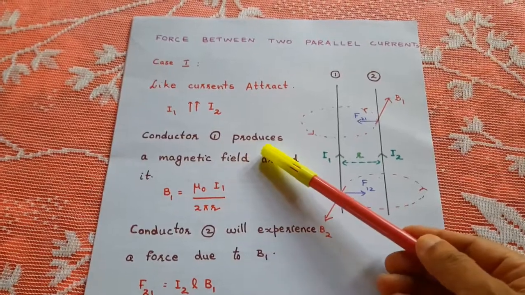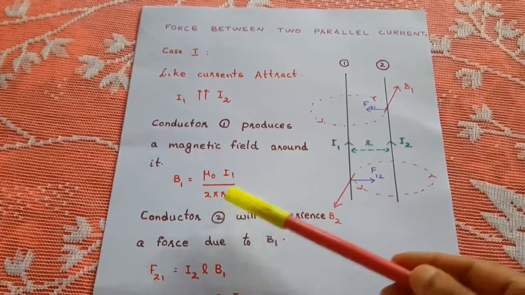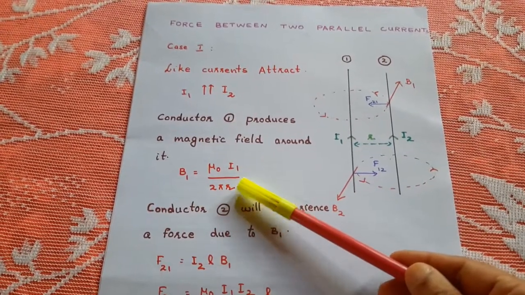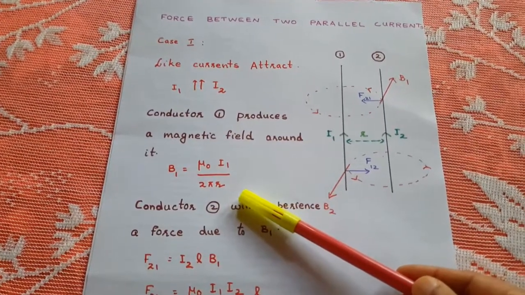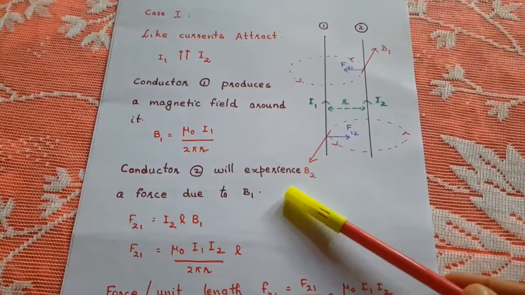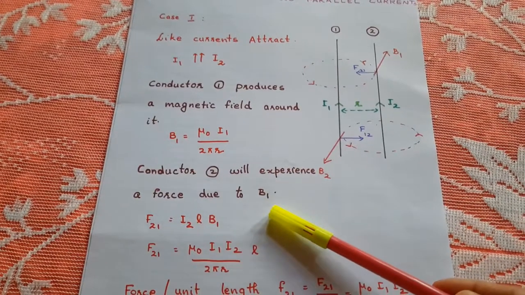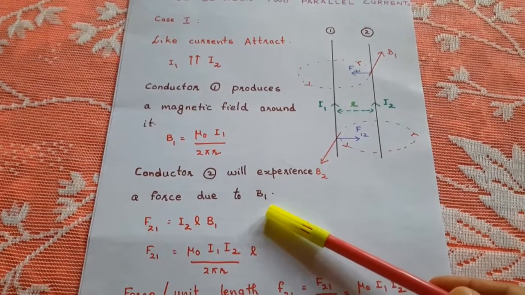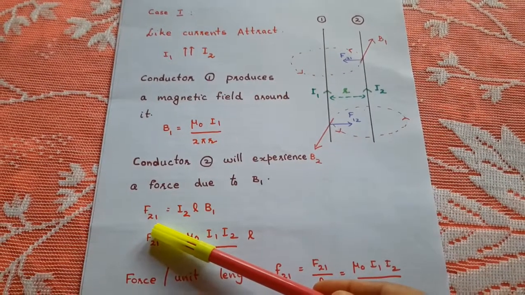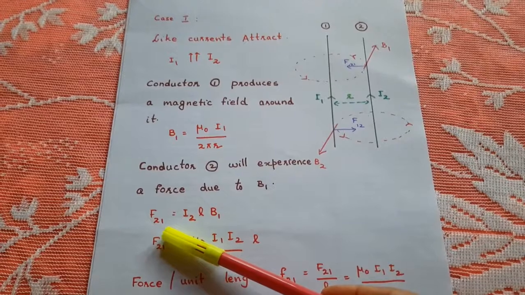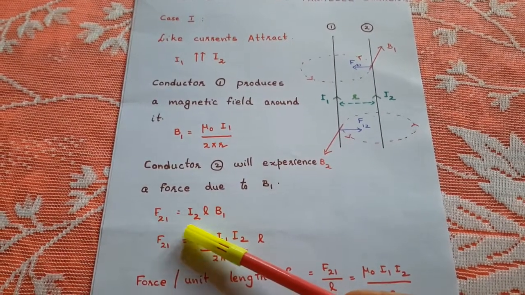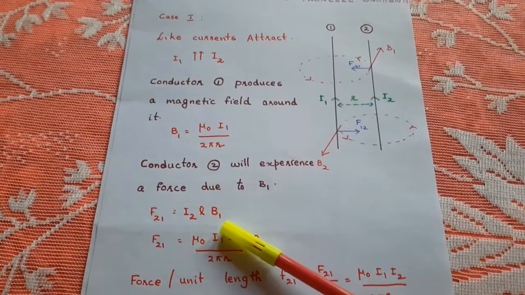The conductor 1 produces a magnetic field around it, which is given by B1 equal to mu0 I1 by 2 pi r. The conductor 2 will experience a force due to the field produced by the first one, that is B1. Force on the second conductor by the first conductor F21 is equal to I2 L B1.